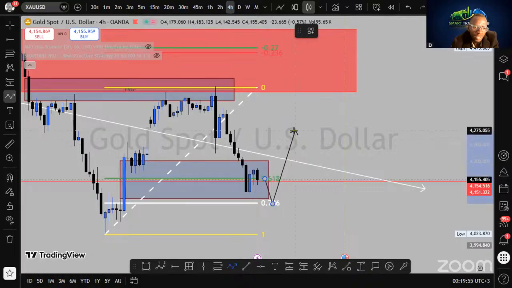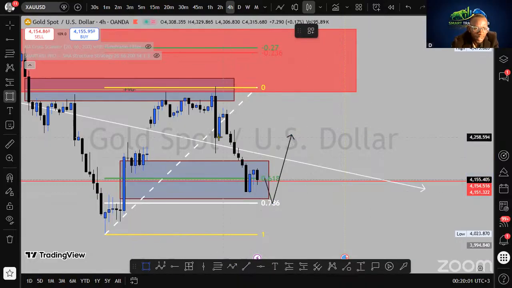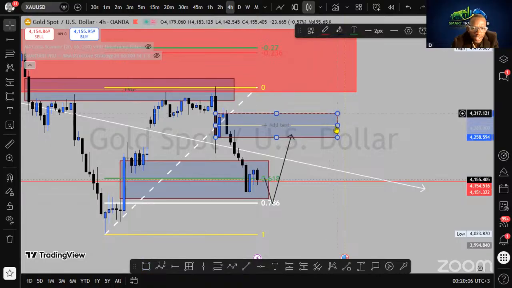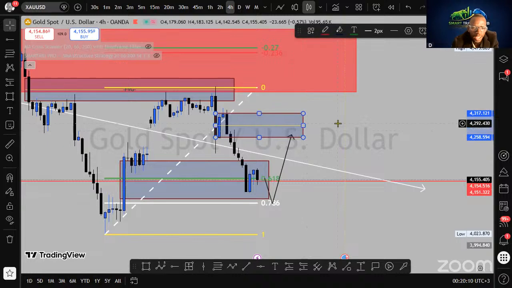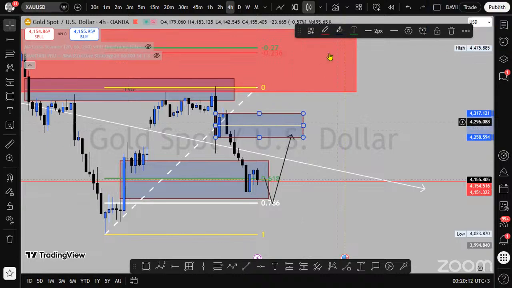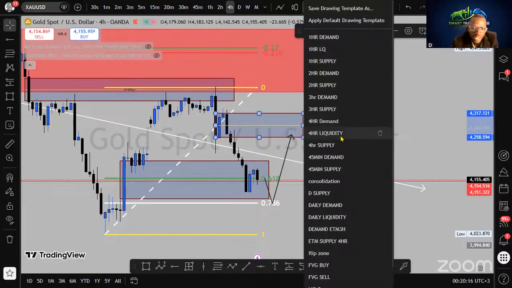because price must definitely reject. And the first area I'm going to take profit is this area, because this is my previous what? What is this, Victoria? Supply zone. That is a supply area. It was initially a demand. Sorry, it was what?